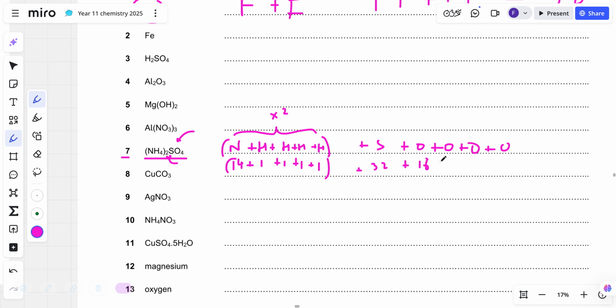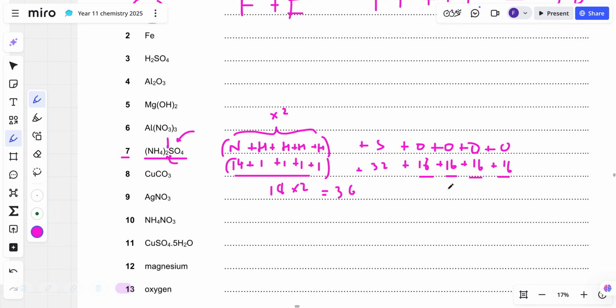Okay, so now that I've filled it all in, I just don't jump into shoving all that into a calculator. What I will do is I've got to remember I've got to times this by 2. So I've got 14 add 4, or 14 add 1 add 1 add 1 add 1, which is 18. And we'll times that by 2 because there's a little 2 on the outside, and that gives me 36. Over here I've got 16 add 16, which is 32.